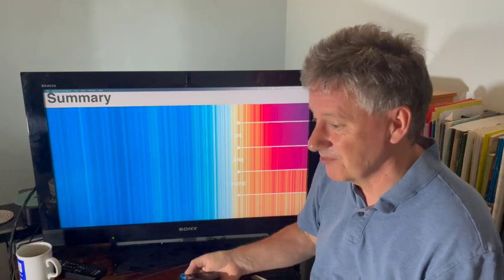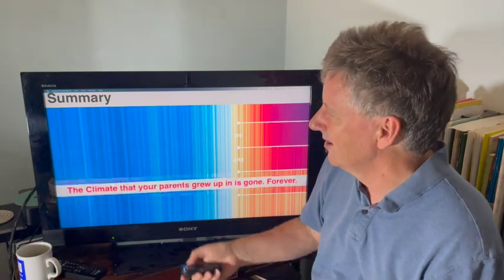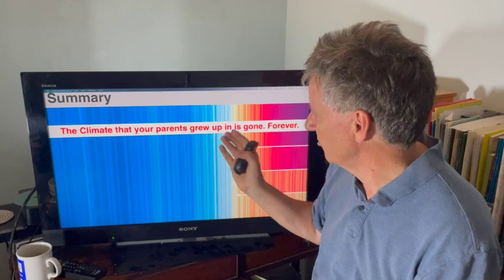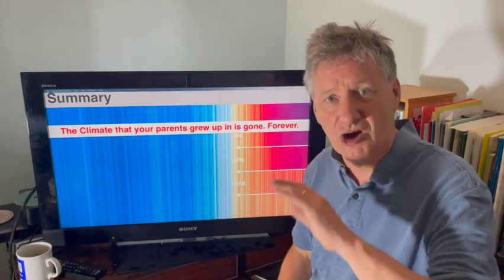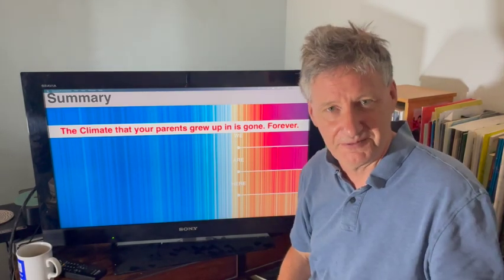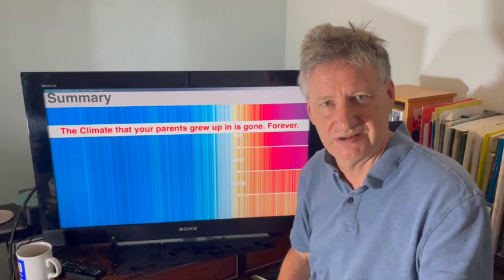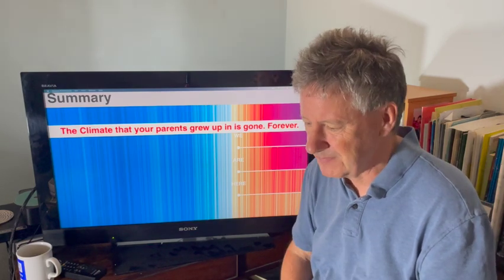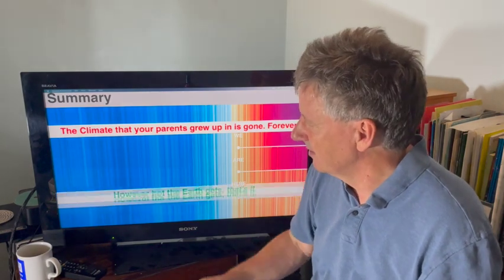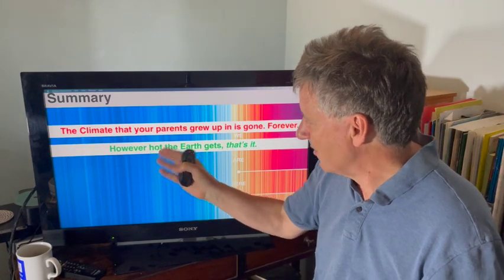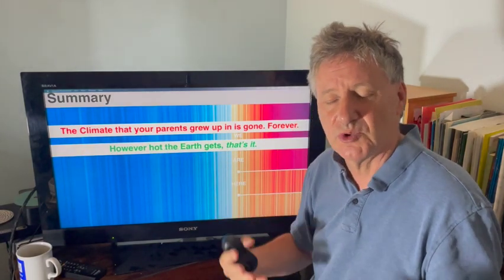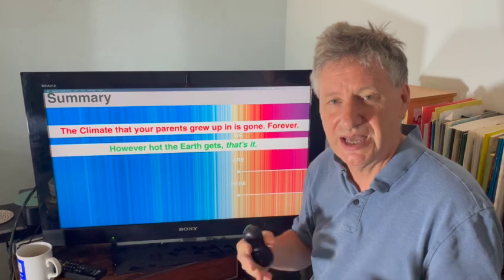So this is the summary of this first part of the talk. The climate that your parents grew up in is gone. It's gone forever. It will never, ever return. However hot the earth gets due to what we do, it will never cool down.